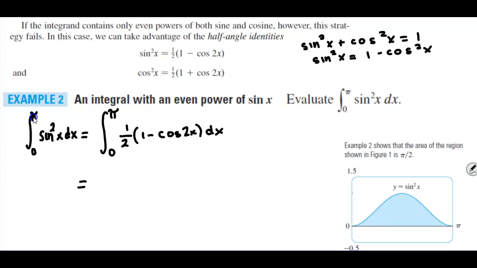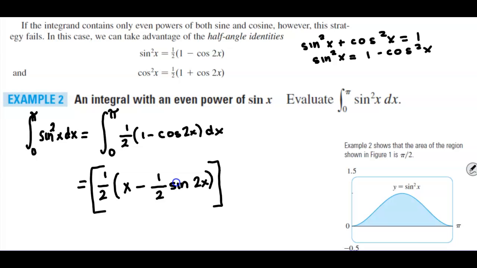So we have 1/2 times x minus 1/2 the sine of 2x, going from 0 to pi.